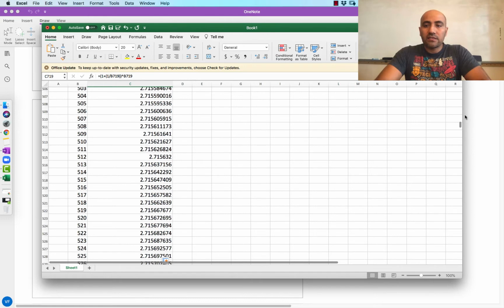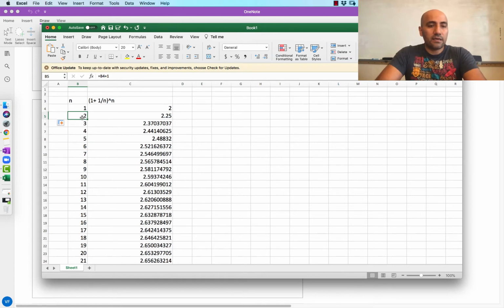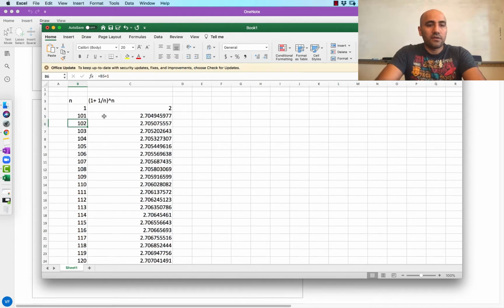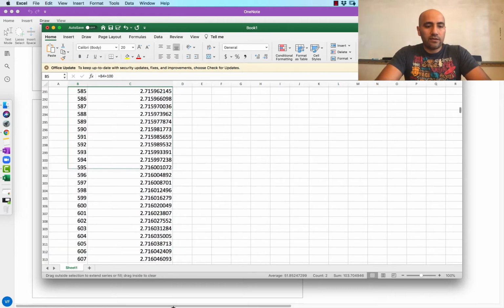Instead of counting by ones for n, 1, 2, 3, let's make it by 100s. It'll go from 1 to 101, then 201, then 301, so it'll really grow fast. So let's go way, way down.